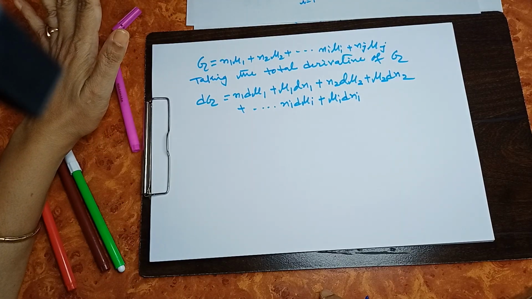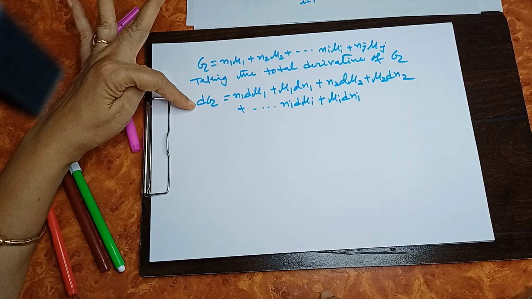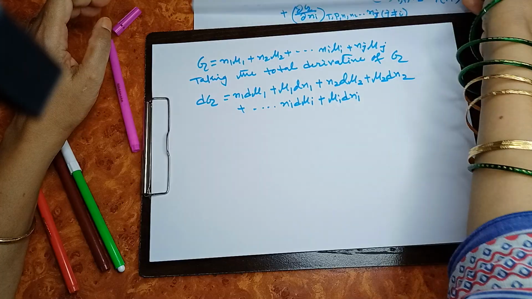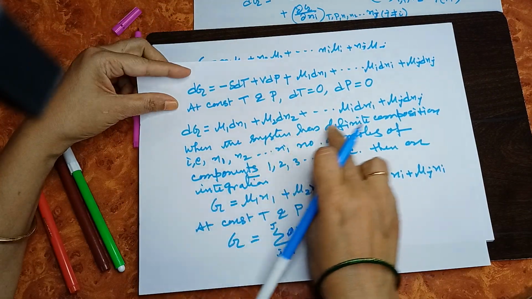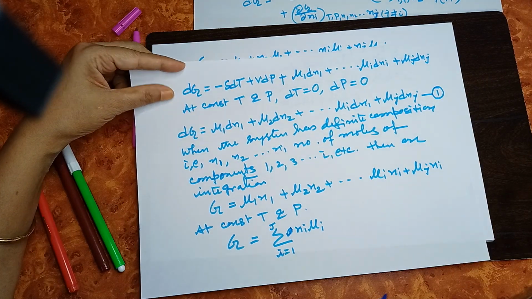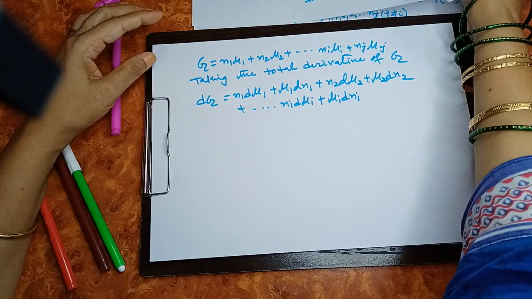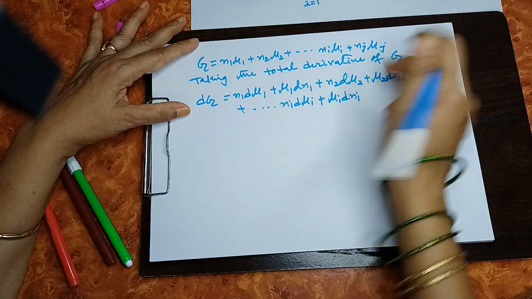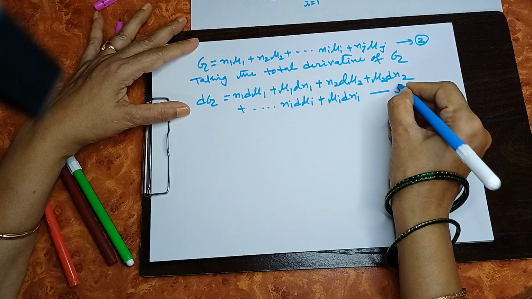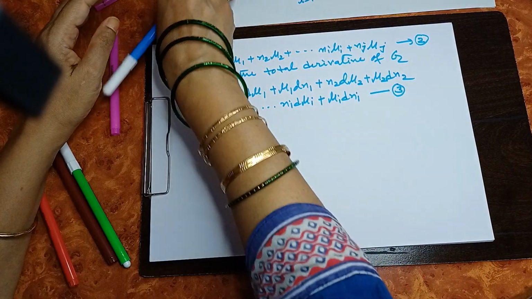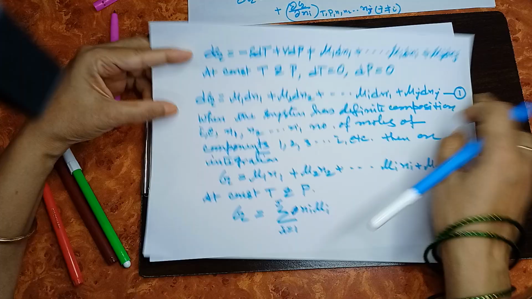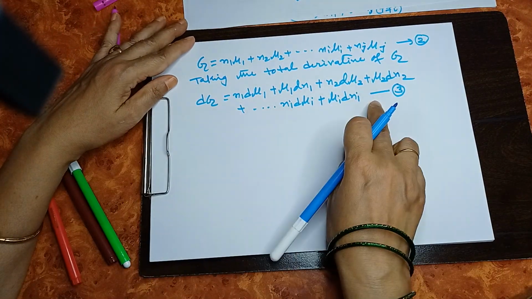Now this is my dG. Here I'll put the equations: this dG is my equation number 1, and this dG from the integrated form is equation number 2, and this dG is equation number 3. Now look here. Equation 1 is also dG, and equation 3 is also dG.